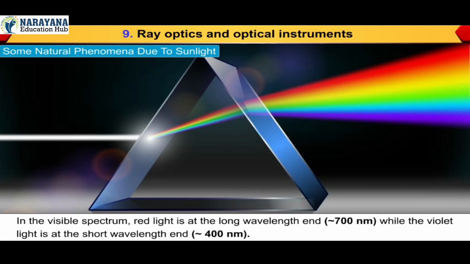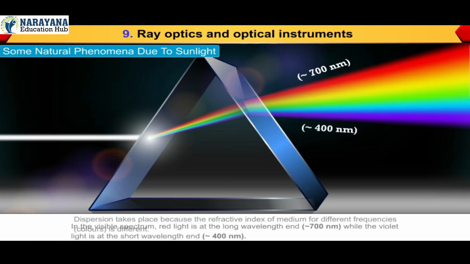In the visible spectrum, red light is at the long wavelength end, which is around 700 nanometer, while the violet light is at the short wavelength end, which is around 400 nanometer.